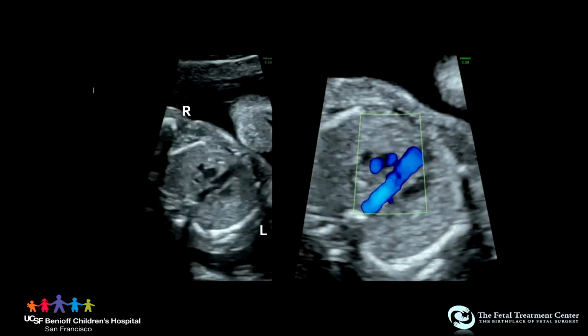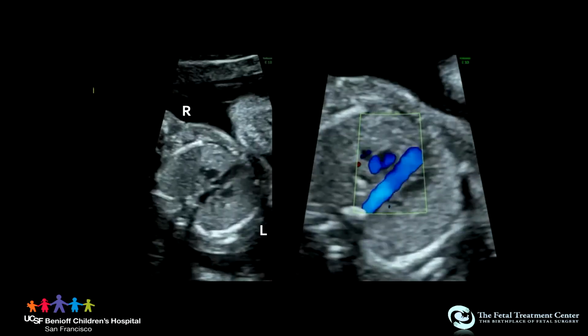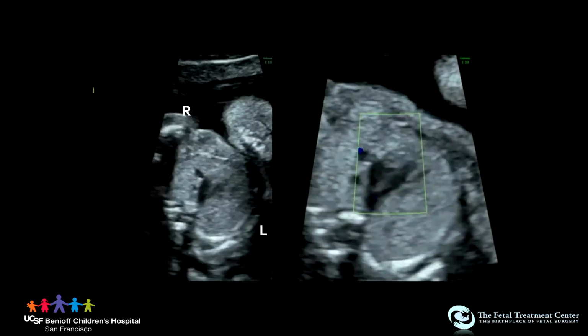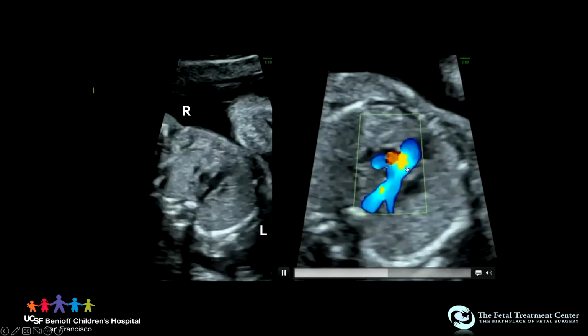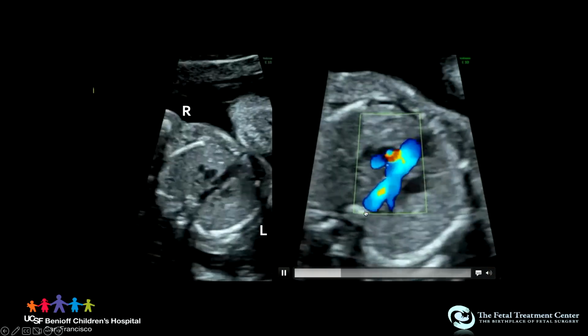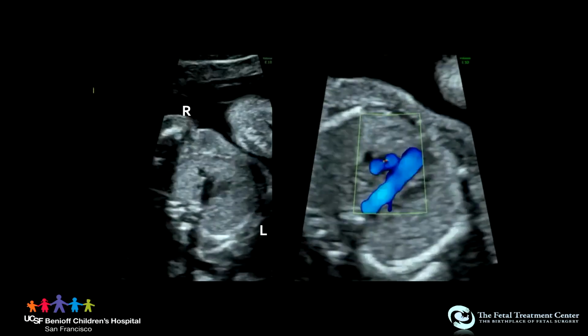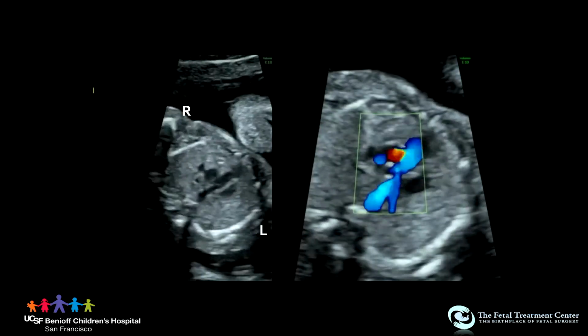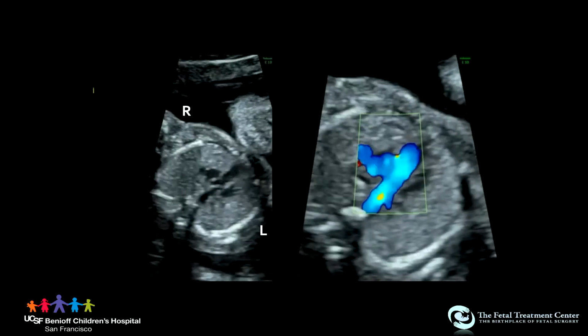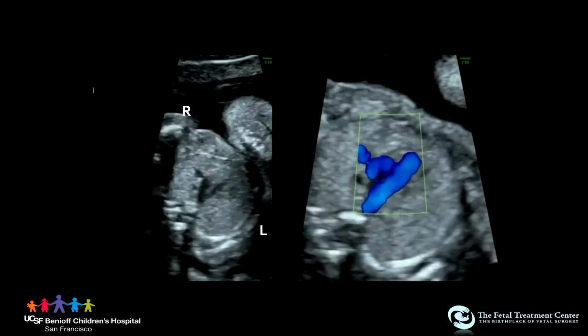Okay, and then with color, as we saw this morning, the direction of blood flow should be the same across the aortic arch and the pulmonary artery. So color is a very useful tool, especially if you're not sure about the relative sizes of these vessels. If you put color on, if you ever see one that's going in the opposite direction, that's never normal.